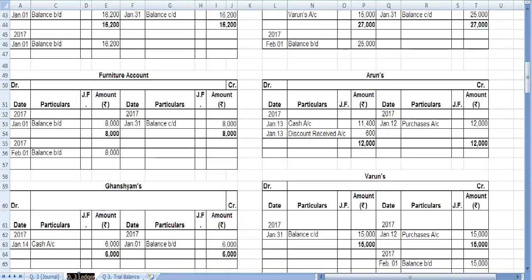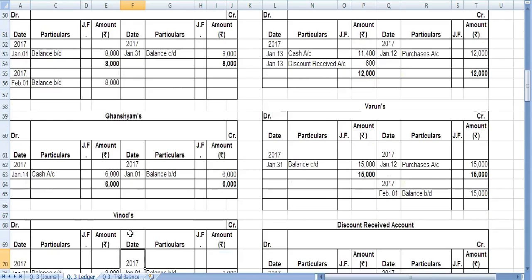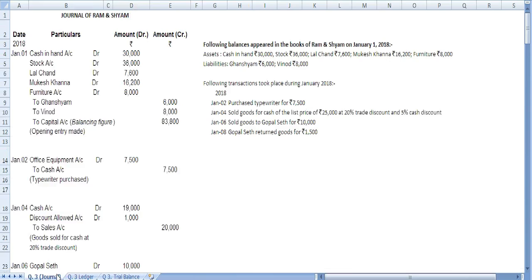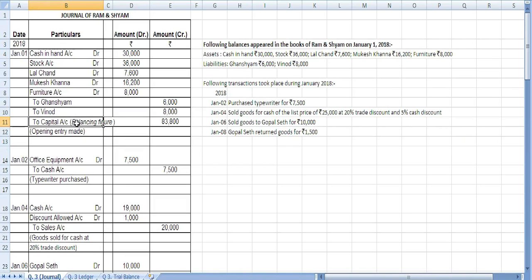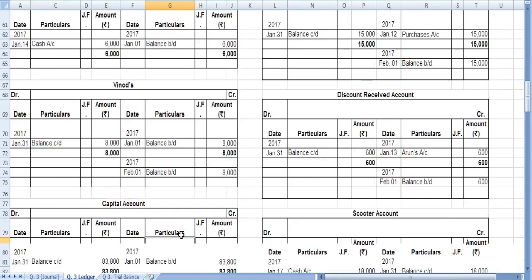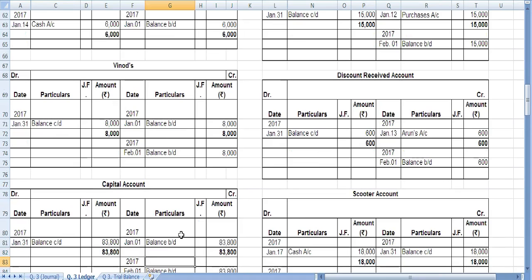Vinod is also the creditor, the liability, and so the opening entry for Vinod will be on the by side 8,000. And then last but not the least, we have capital. This is the liability, so this also the opening entry will start from the by side. So we have capital, by balance b/d 83,800.